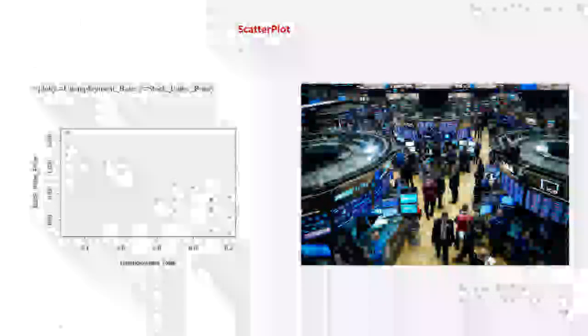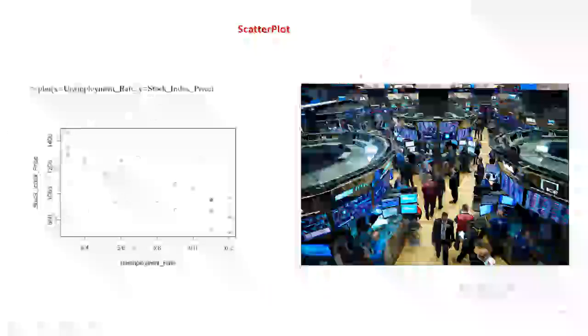For example, to see the scatter plot of unemployment rate and stock index price, the stock index price is the dependent variable and the unemployment rate is the independent variable. If the unemployment rate is higher, people are investing less in stock. This is how it is typically captured.